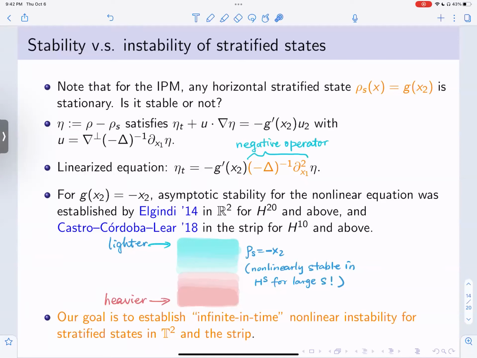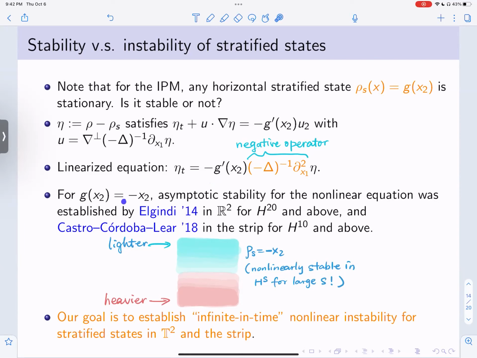So this has been shown for G equal to minus x2. In this case, G prime is a constant, so that makes the computation easier. Although it is commented in their work that such arguments can also deal with non-constant G prime of a fixed sign.